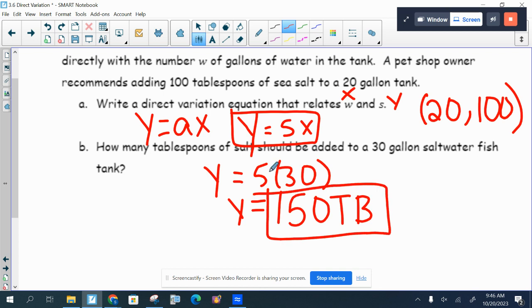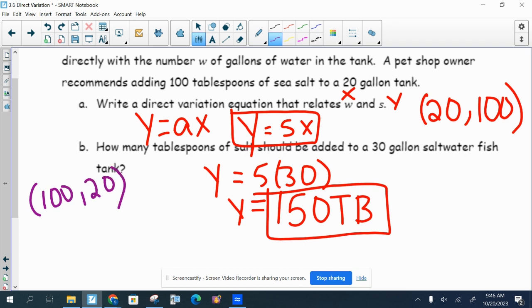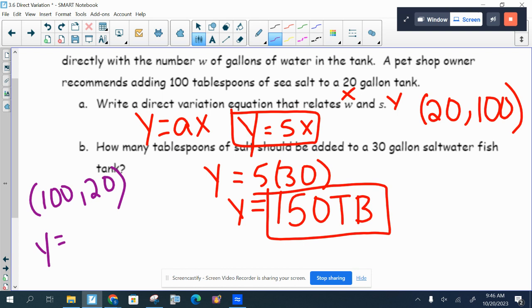Now I'll show you in the other class, we actually did this a different way. We chose to do 100, 20. So then if you would do it that way, then A ends up being 1/5. So y equals 1/5 times x.